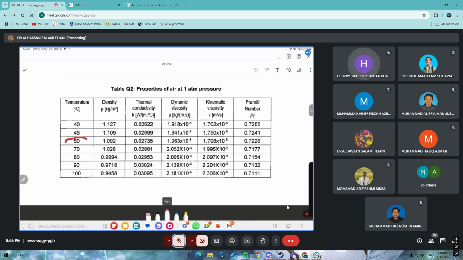So the one with 50, this. So we know the density, the thermal conductivity, dynamic viscosity, kinematic viscosity, and Prandtl number. So this is what you are supposed to use. If you mistakenly use 90, because the temperature of the pipe is 90, then it will be wrong. So you should be careful. If you take 100, also it is wrong.